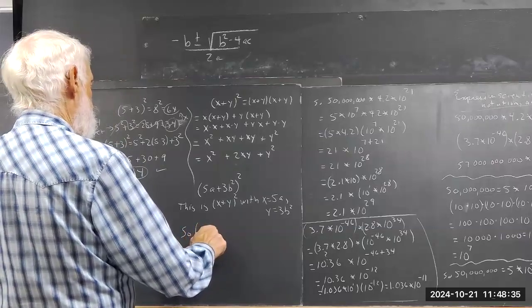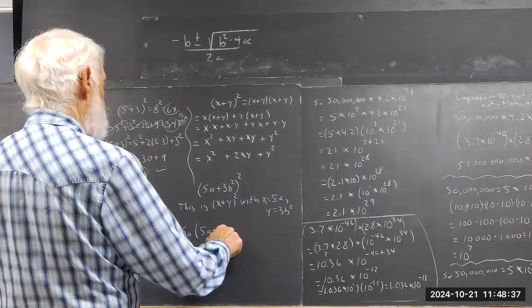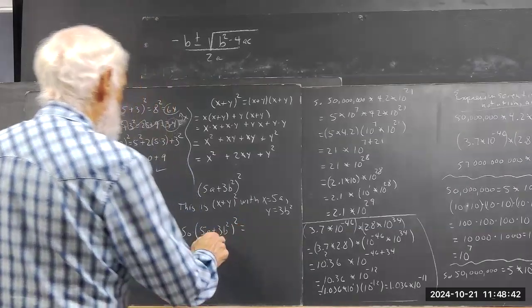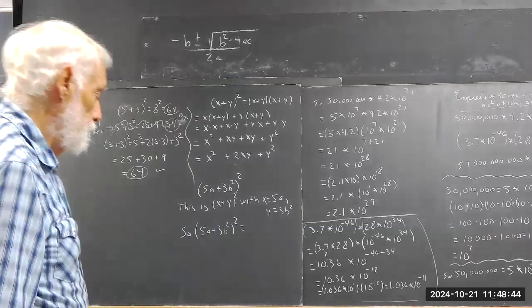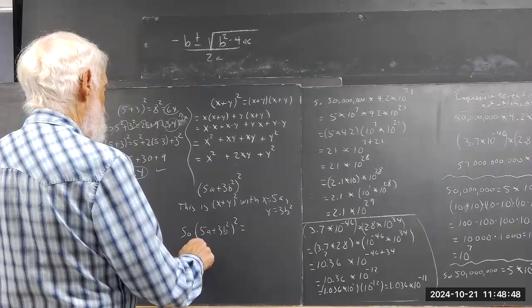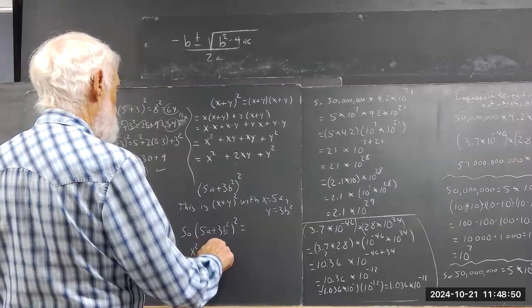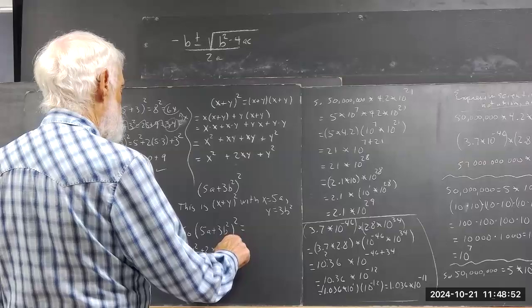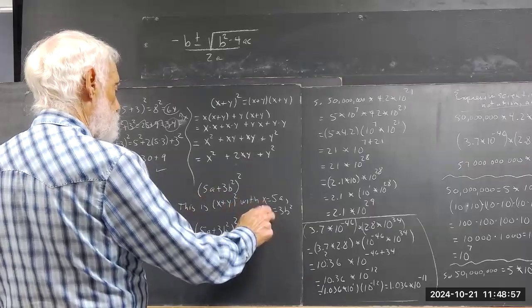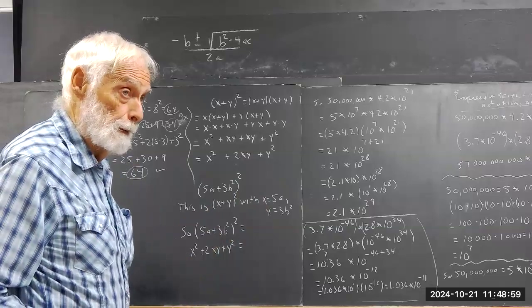So what is 5a plus 3b squared, squared, equal? Well, it equals x squared plus 2xy plus y squared, if x equals 5a and y equals 3b squared, right?